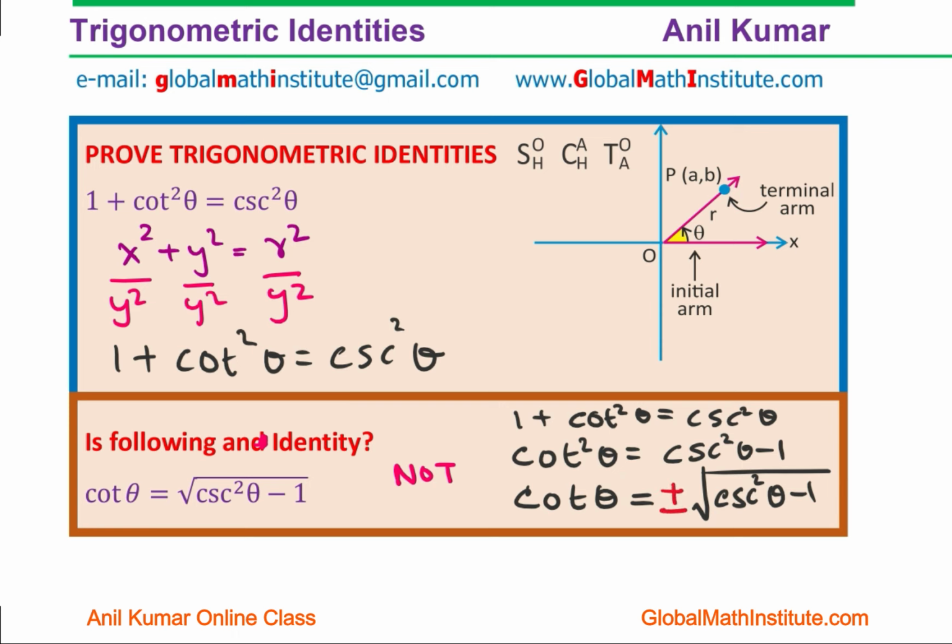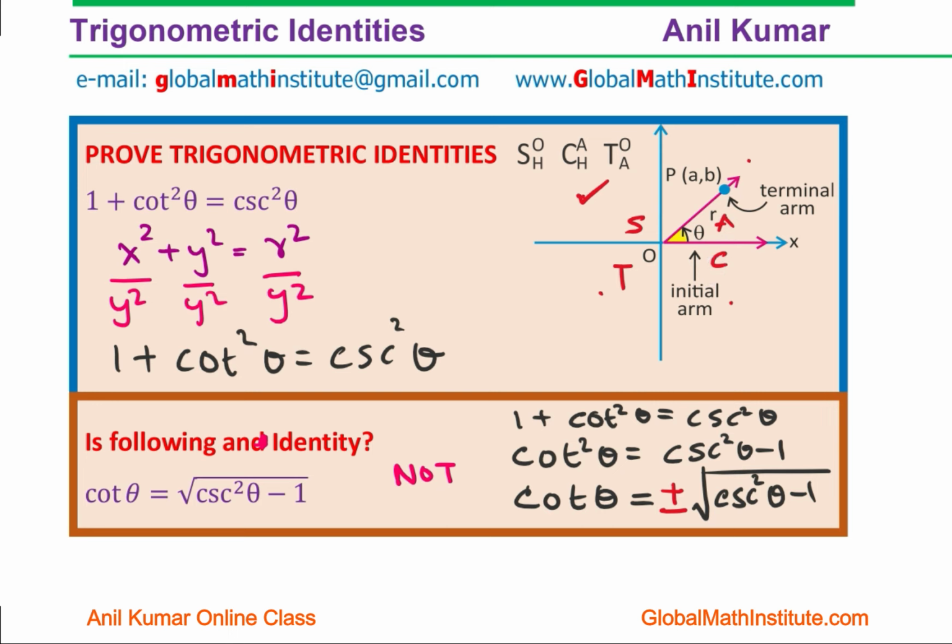But now, when you take the square root, you have to write positive and negative, right? As you can see in quadrants, you know the CAST rule, right? Cotangent is positive in only quadrants 1 and 3, not in quadrants 2 and 4. So if you write like this, it seems as if cotangent is always positive, but it has a negative value, especially when you have an obtuse angle, or a negative angle, right?